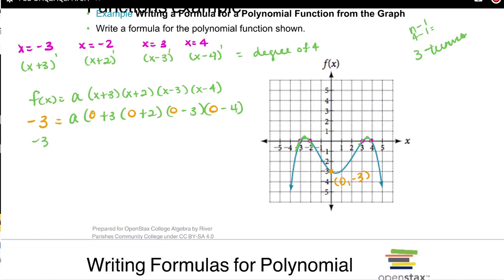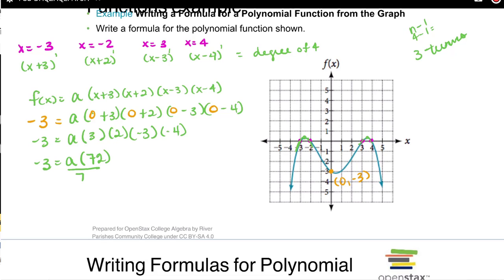So I get -3 equals a times 0 plus 3 is 3, 0 plus 2 is 2, -3, -4. If I multiply that out, I get positive 72, I believe, because 3 times 2 is 6, and -3 times -4 is 12, and 6 times 12 is 72.